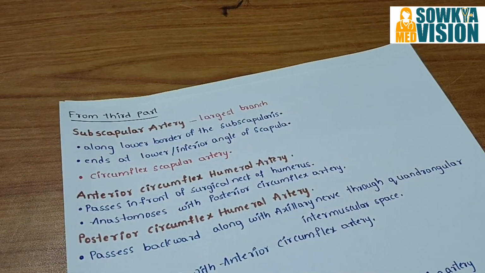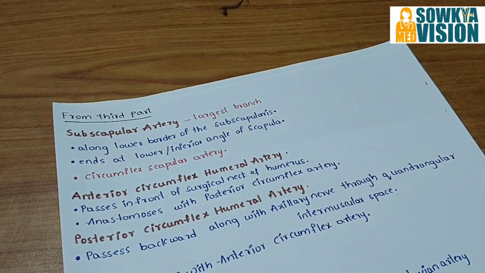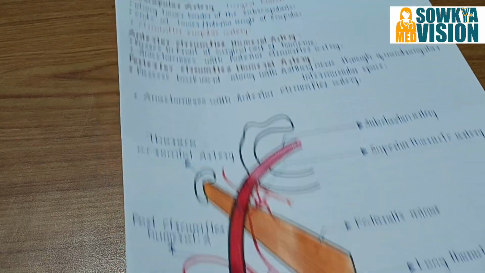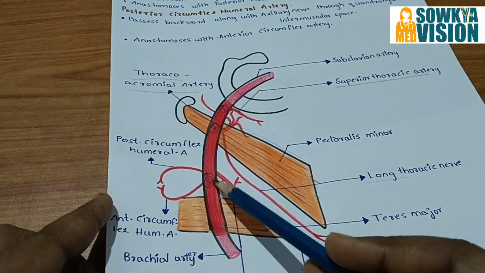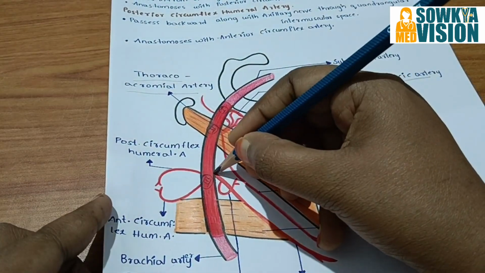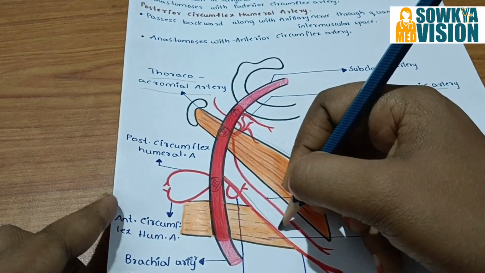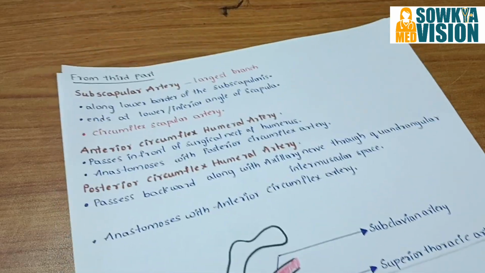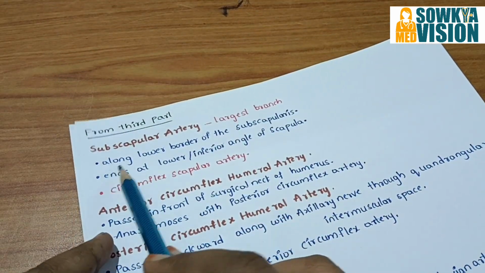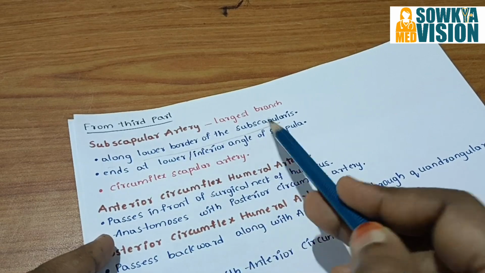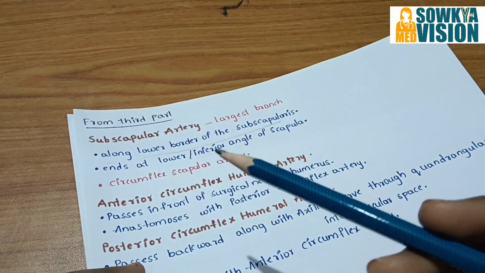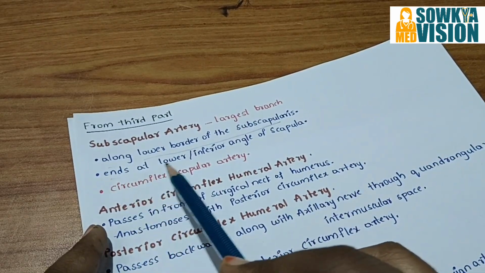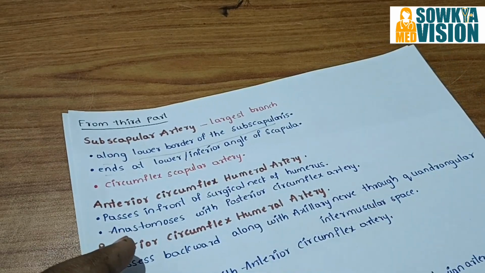Now, what are the branches from the third part? There are 3 branches from the third part. See, this is the third part. The first branch from the third part is the subscapular artery. It runs along the lower border of the subscapularis and ends at the inferior angle of the scapula.